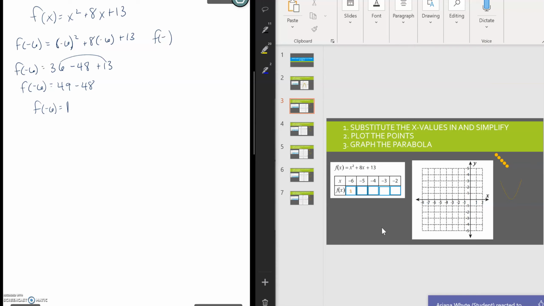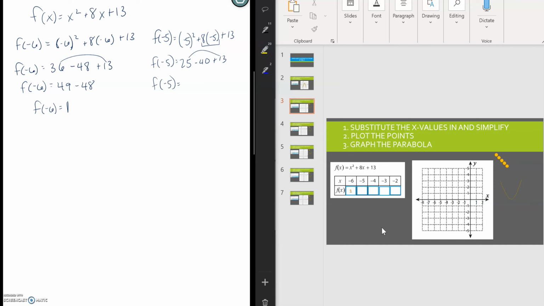Sorry, we are evaluating at -5 now. (-5)² is positive 25. 8 times -5 is -40, plus 13. Again, I'm going to use the strategy of combining my positive numbers.